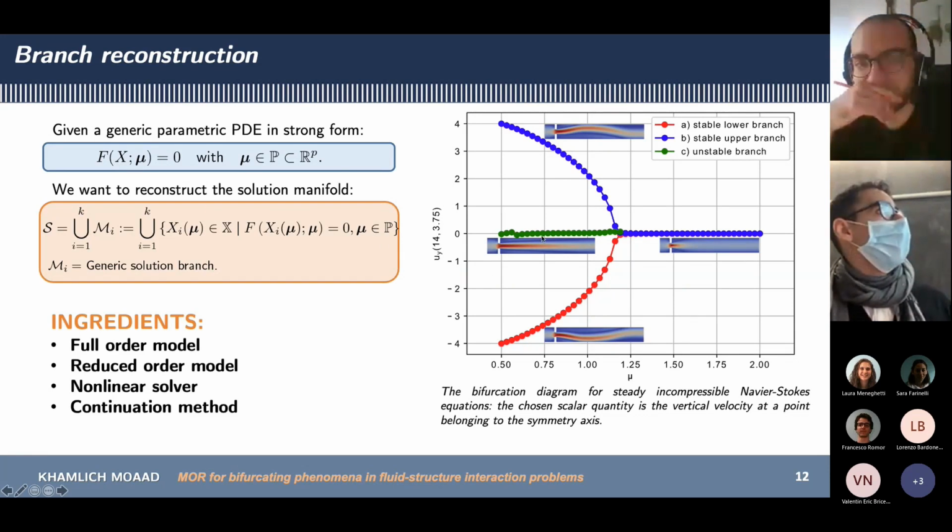We want to be able to change the value of the parameter and converge to a prescribed branch, so being independent of the convergence of the Newton solver.